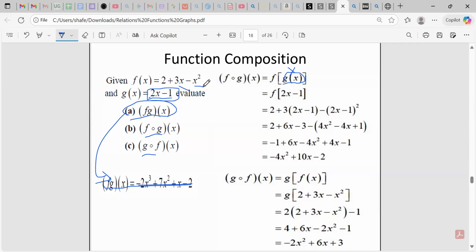So we have 2, then 3 times, not just x now, but the whole g(x), minus g(x), which is 2x minus 1, squared. Now we have a lot of work to do. We have to use the distributive law, remove the bracket, again use the distributive law and do this square, and when we finish, simplify, and we get that.